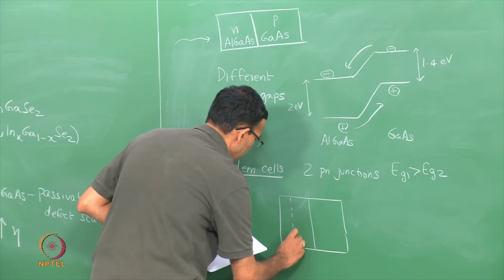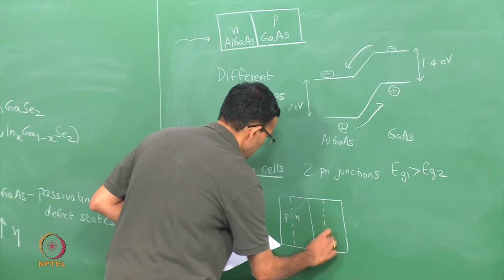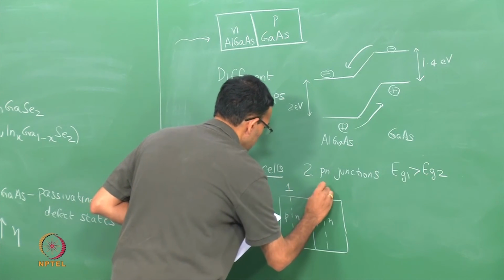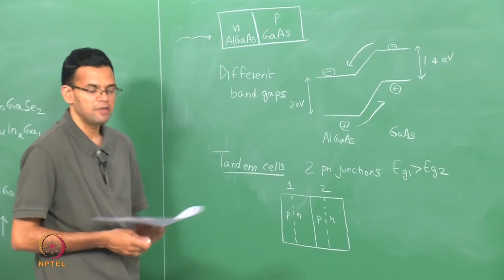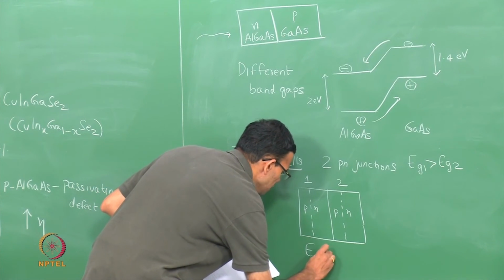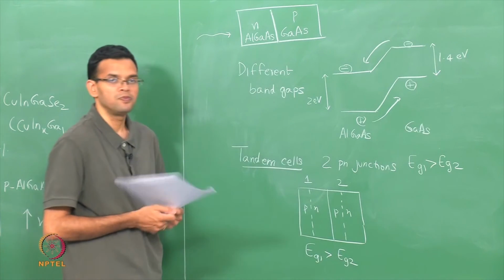So, if you look at the design, you have the first material which has its p-n junction, and you have the second material with its p-n junction. So, this has a band gap Eg1 which is greater than Eg2.